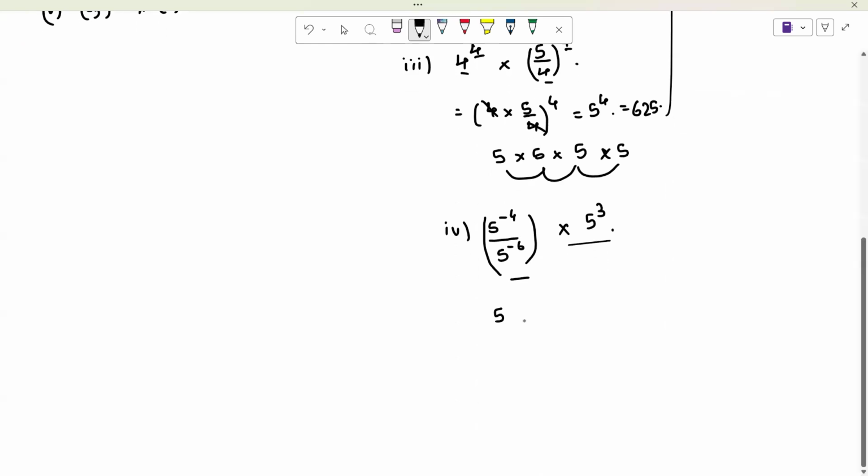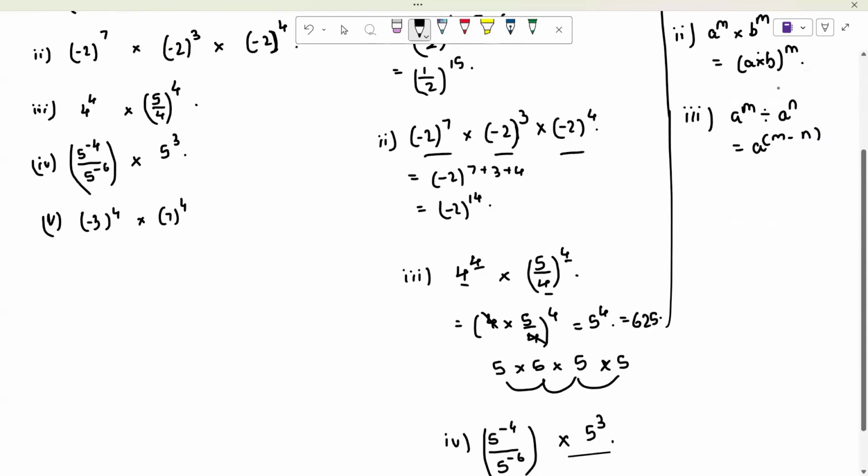So always remember guys, whenever you have m and n, do not subtract n minus m. This is always m minus n. Do not subtract n minus m because n is subtracting m, right? For example, 5 power 4 divided by 5 power 3. Don't make a foolish mistake like 5 power 3 minus 4.